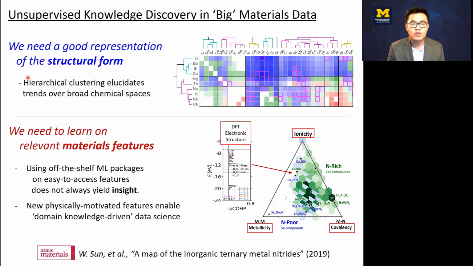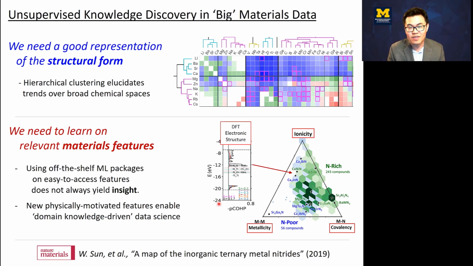If you want conceptual understanding, you have to build new features that are based in your domain knowledge, in your chemical intuition, right? We built new features based on metallicity, ionicity, and covalency. And when we built those features, we were able to understand the stability origins of the ternary nitrides using these new features that were really chemically motivated. Okay, and so that's the end of my presentation today.